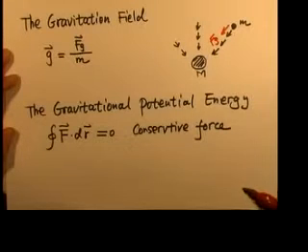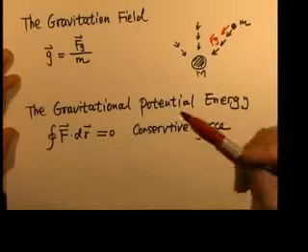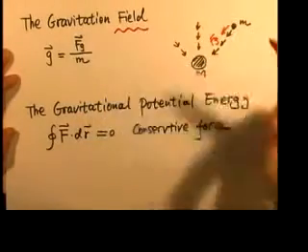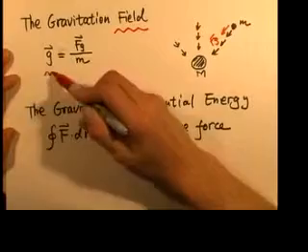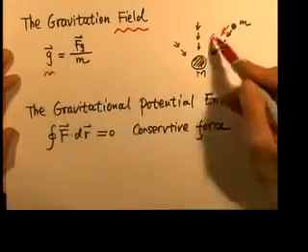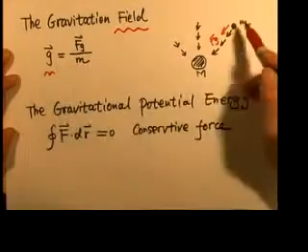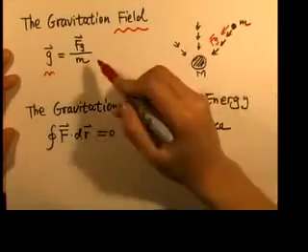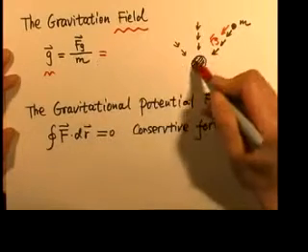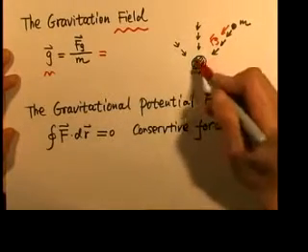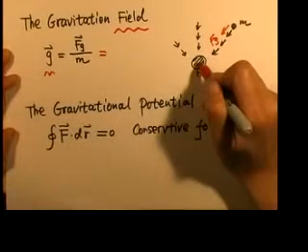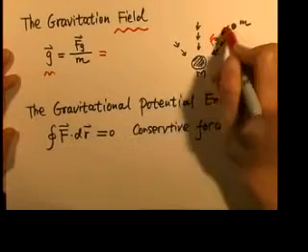If we define the gravitational field, a vector with the symbol little g, equals the gravitational force divided by the mass of this particle, then, if capital M is a spherically symmetric mass distribution, we can assume it is concentrated at the center.